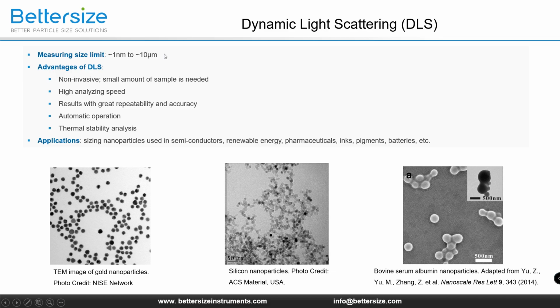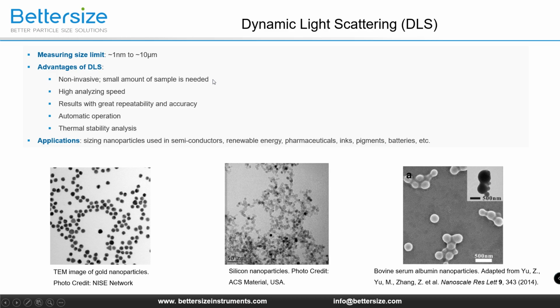Typically, the measuring size limit of DLS falls in the nano and submicron range, from 1 nanometer to 10 micrometers. There are several advantages of using DLS when sizing nanoparticles. First, DLS is non-invasive to the samples, meaning that the structure of the molecules would not be destroyed during sizing.